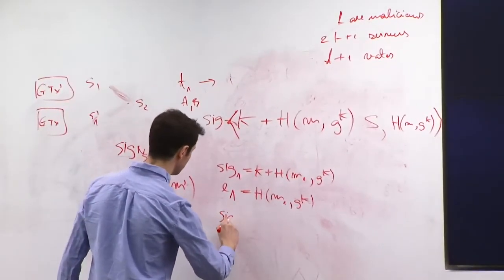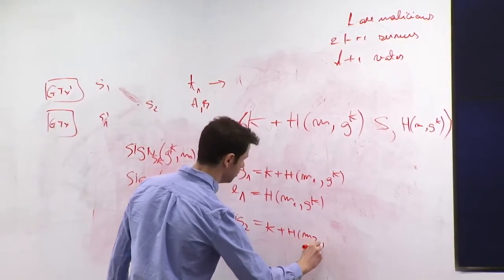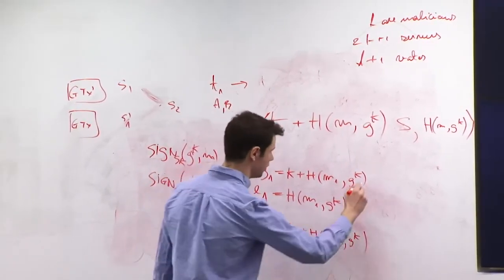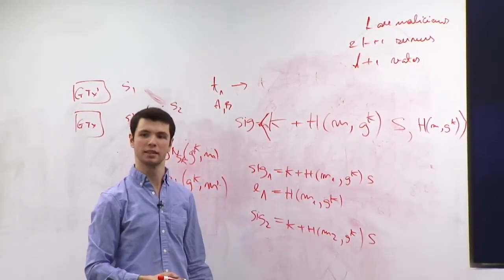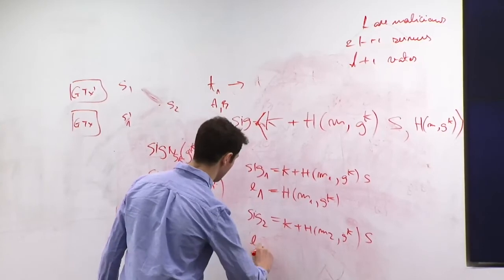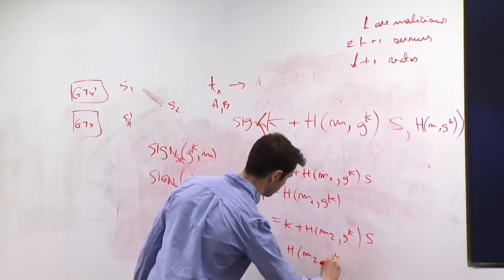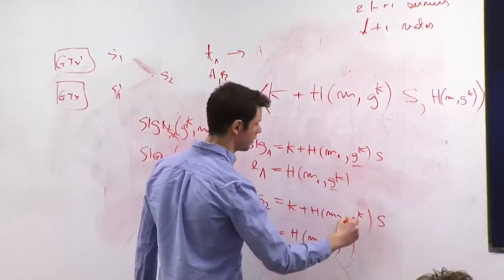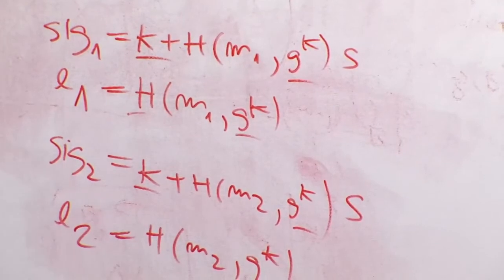And then Sig2 would be K plus H of M2, G to the K, times S. Again, you guys are clearly not paying attention, I forgot the secret key. E2 is hash of M2, G to the K. So I'm using the same G to the K and the same K, right?